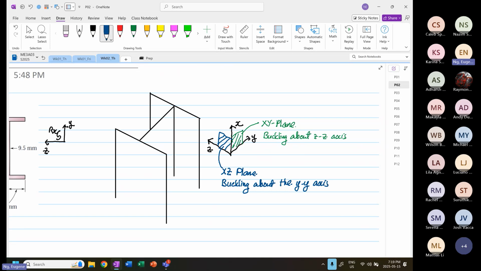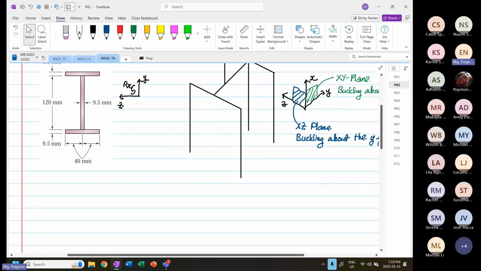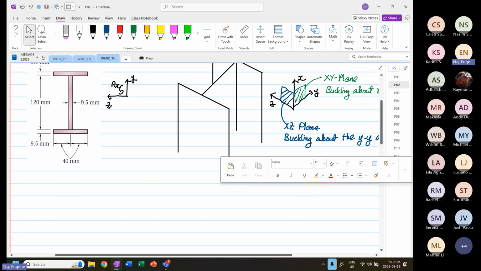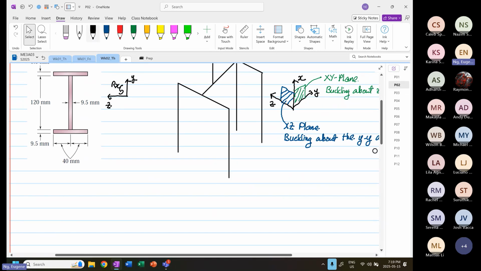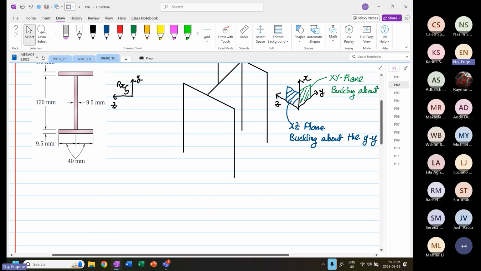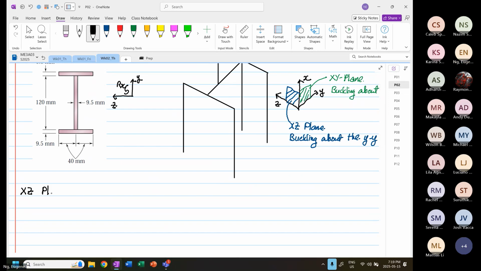So I'm going to now sketch for you. Okay, and we're going to look at two different views of how this will buckle. So the first view that we are going to sketch, I'm going to sketch the XZ plane first. Okay, XZ plane.